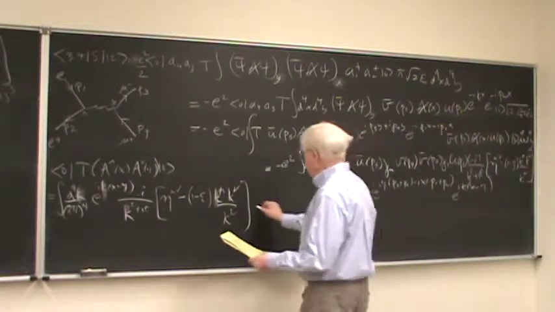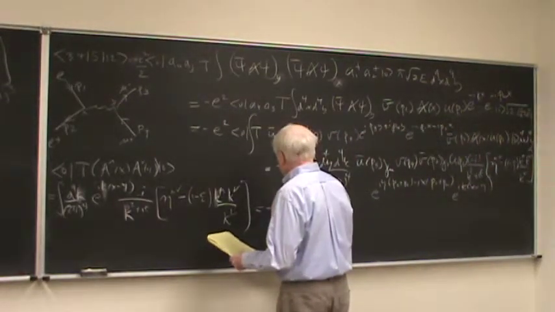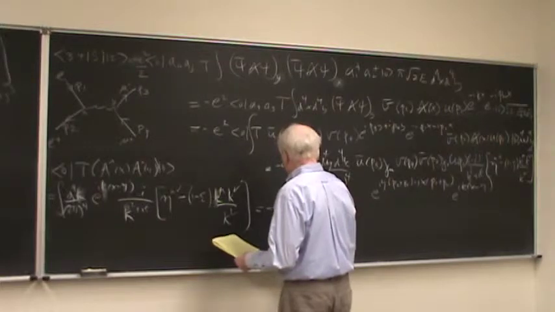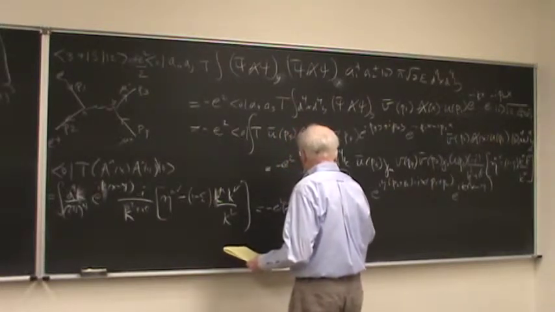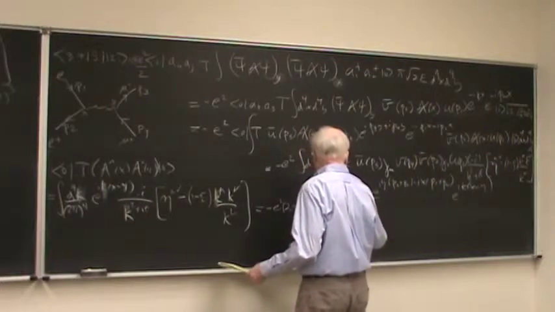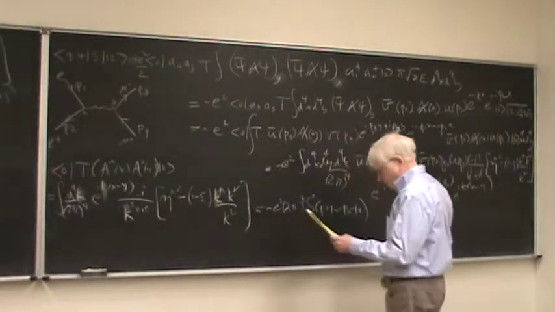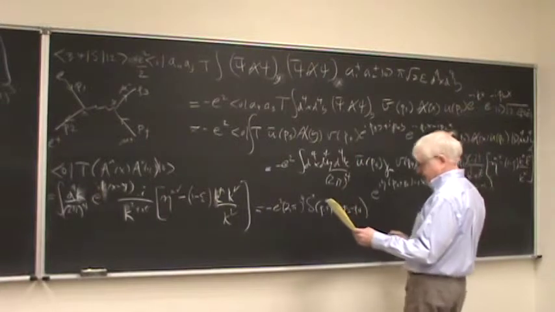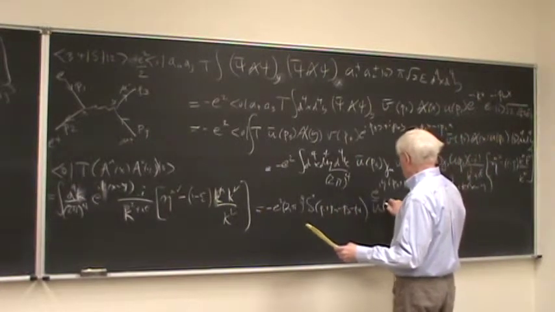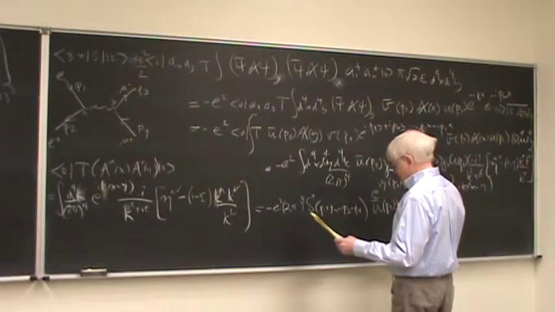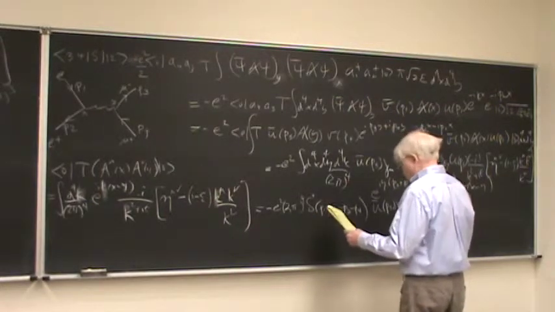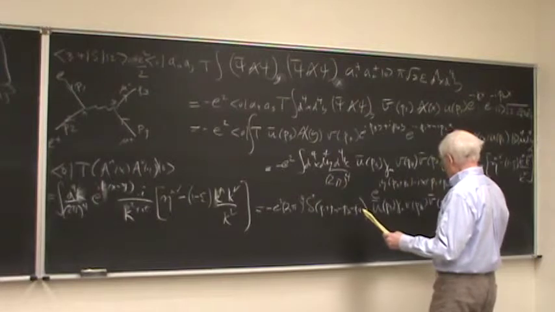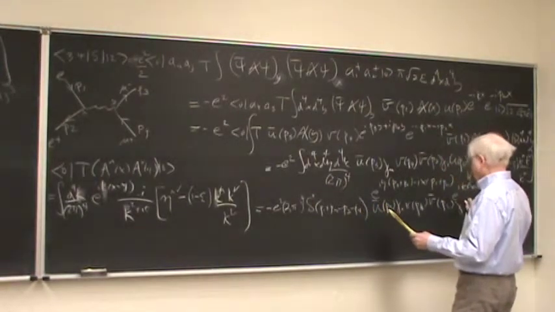So what we're going to get then is minus e squared 2 pi to the 4th delta 4 of p1 plus p2 minus p3 minus p4. So that whole stuff, and then this u bar p3 gamma mu v of p4, v bar p2 gamma.